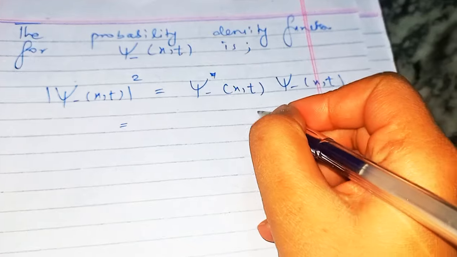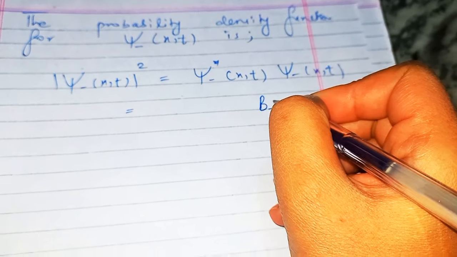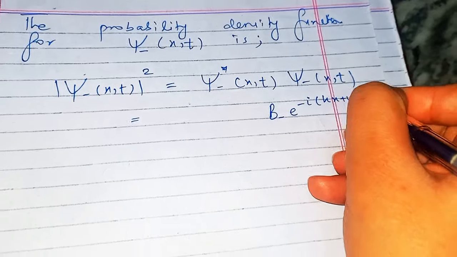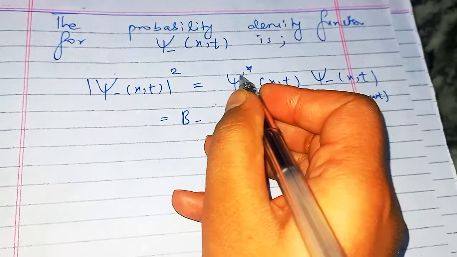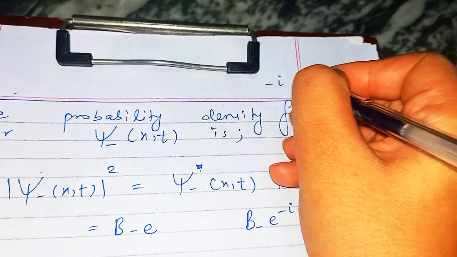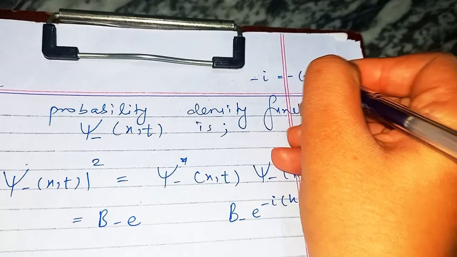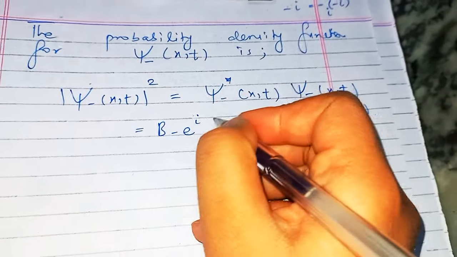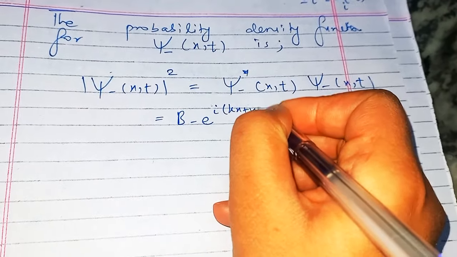We have psi minus equal to B minus e to the power minus iota (kx plus omega t), and the star of it: we'll change iota to minus iota, so it's minus minus plus, so it's plus iota. So here we'll write plus iota (kx plus omega t).